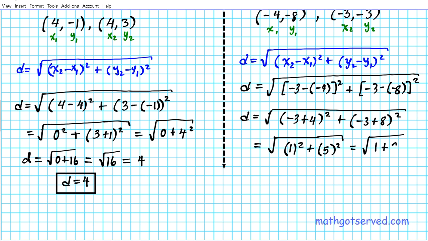5 square is 25. And ladies and gentlemen, the distance between the 2 points is given by the square root of 26. Now, before we wrap this up, let's check to make sure that this cannot be simplified any further, all right? So we'll take 26 and decompose it to see if there are any factors that repeat.